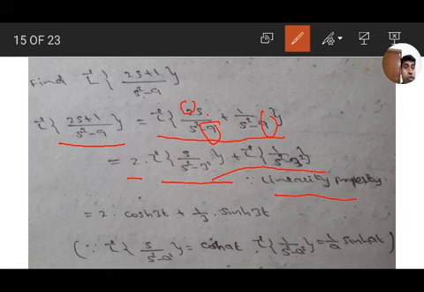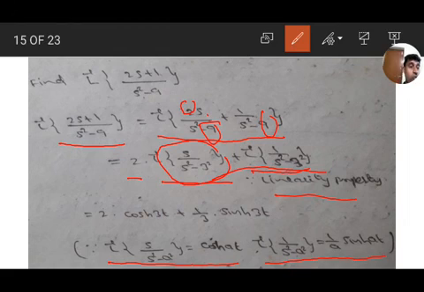Applying the formulas: first, L inverse of s by (s square minus a square) is cos h of at. And second, L inverse of 1 by (s square minus a square) equals 1 by a sin h of at. In both cases, a equal to 3.